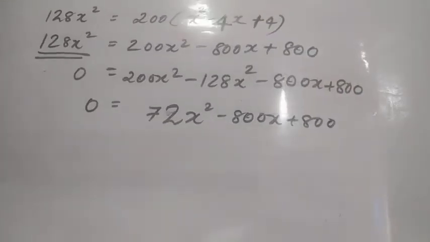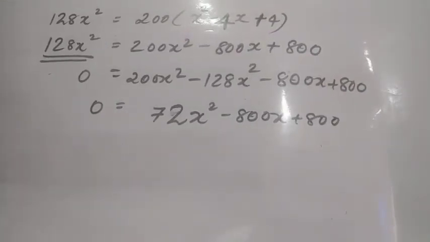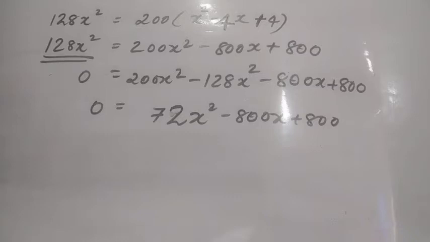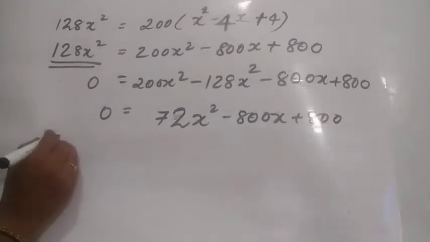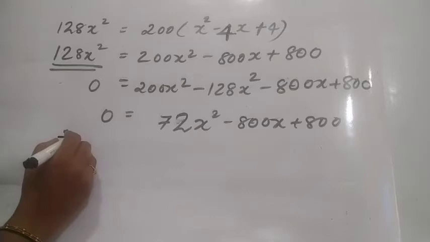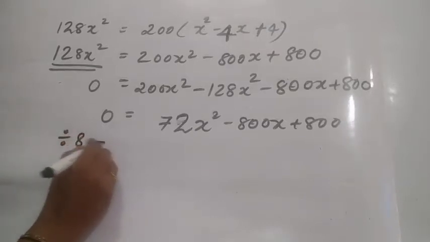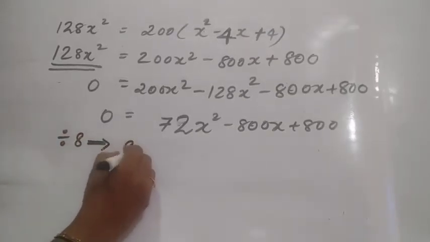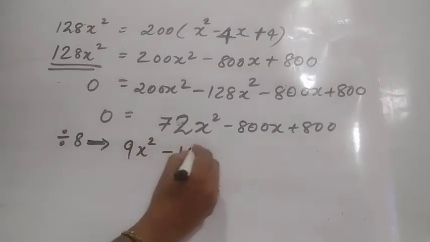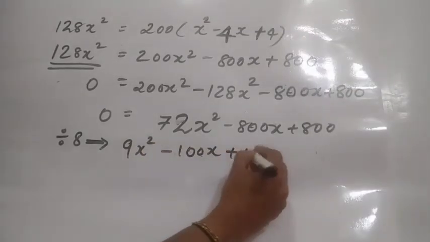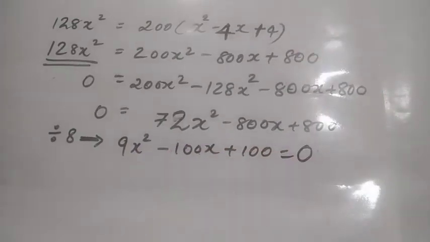We can simplify this equation by dividing each term of the equation by 8. Implies 9x square minus 100x plus 100 gives 0.